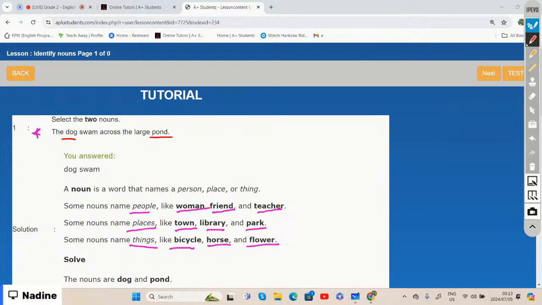Like if there are four lessons under one chapter, then we first do the two, and then we do the other two the next time, right? All right, so we say dog and pond, that is our two nouns.